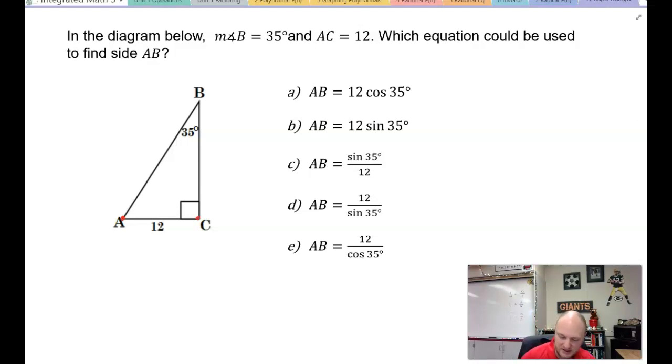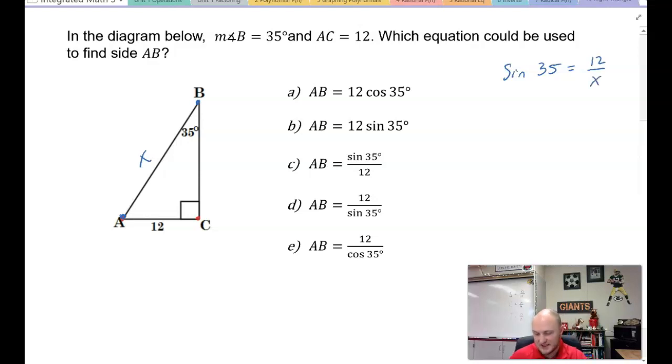Okay, hopefully you paused this. AB, here's A, here's B, that's this side. So you're finding the hypotenuse, okay? Well, if you're given opposite and you want to find hypotenuse, that's the sine function, so sine of 35 degrees is equal to 12 over x.